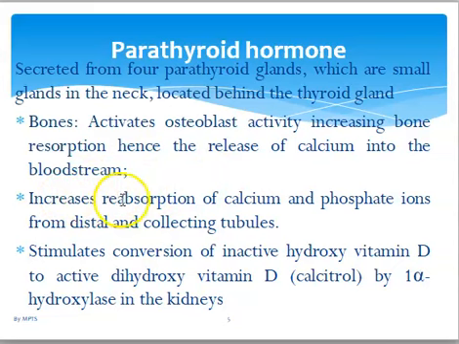It also increases reabsorption of calcium and phosphate ions from the renal tubules, the distal and collecting tubules. It also stimulates the conversion of inactive hydroxyvitamin D to active calcitriol, dihydroxyvitamin D, by the enzyme 1-alpha hydroxylase in the kidneys.